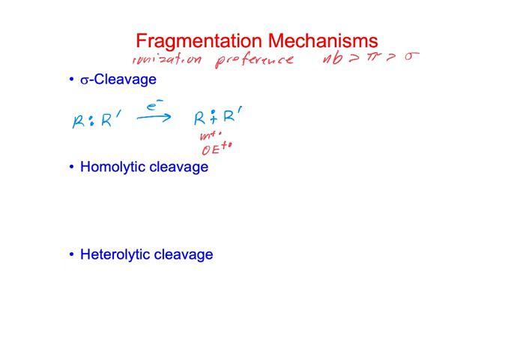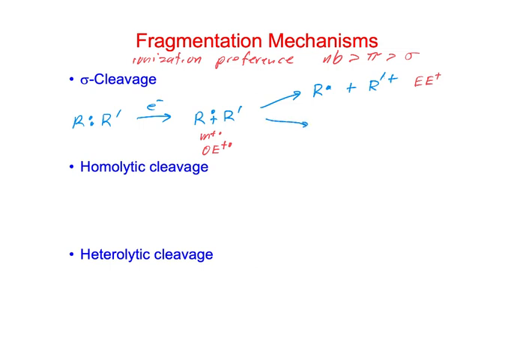Essentially, we've just weakened that bond, and so this can cleave in two different ways. The left R group could be the radical, and the R prime could be the cation. Notice this cation that's generated is an even electron ion.